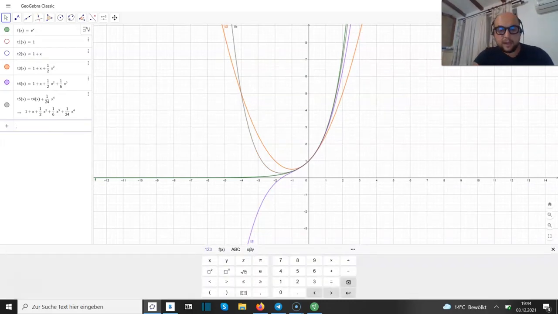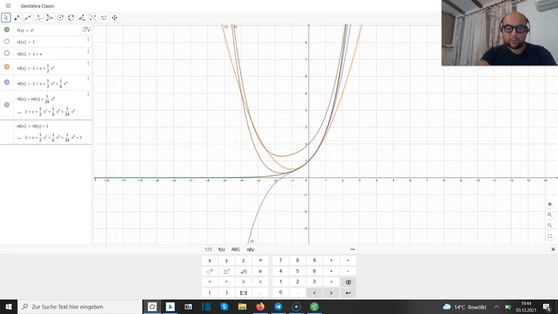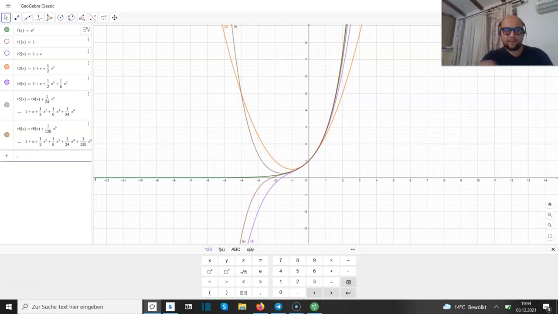So T6 of x would be equal to, I'll do it the same way, T5 of x plus it was 1 divided over 120 times x to the power of 5.